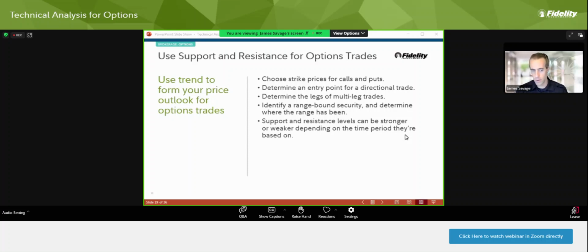And support and resistance can be very key for options traders, both for buyers and sellers, both for traders that are looking for income versus traders that are looking to take advantage of the leveraging ability. Because we're basing our decisions on areas of supply and demand that we can see, right?